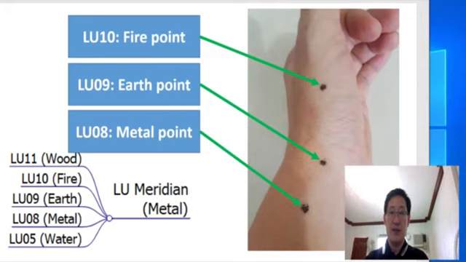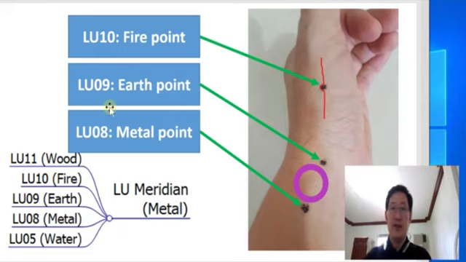Okay, look carefully. If you see this one, there's a bone like that, and here it's like a dimple point, a little bit of a dimple here. And you can put the needle here. And how to find LU09 and LU08?